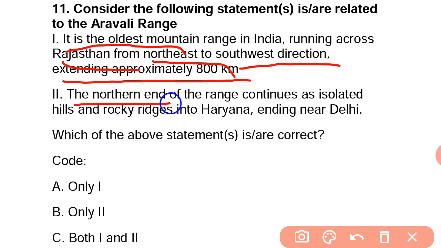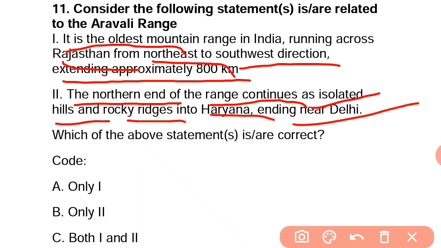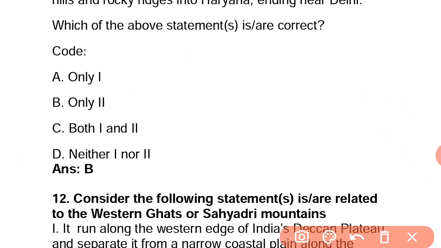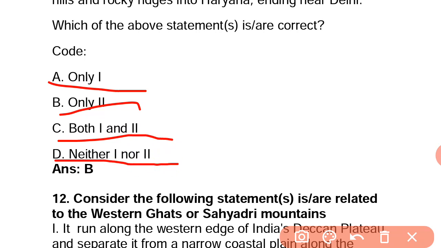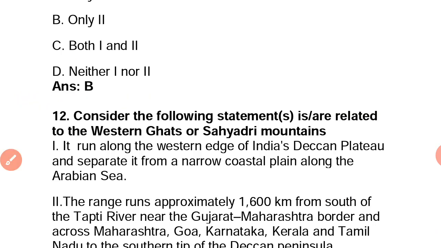The northern end of the range continues as isolated hills and rocky ridges into Haryana, ending near Delhi. Which of the above statements is or are correct? Code. Option A, only I. Option B, only II. Option C, both I and II. Option D, neither I nor II. Right answer is option B, only II. Next question.